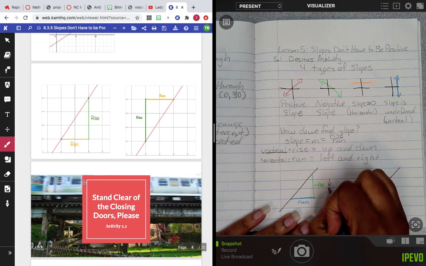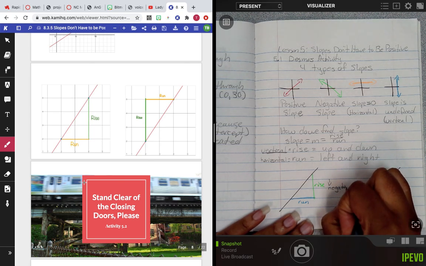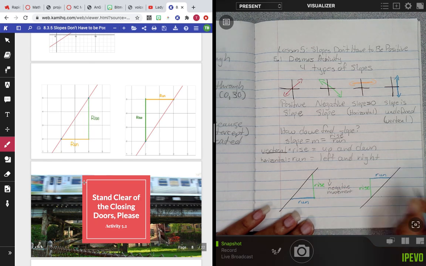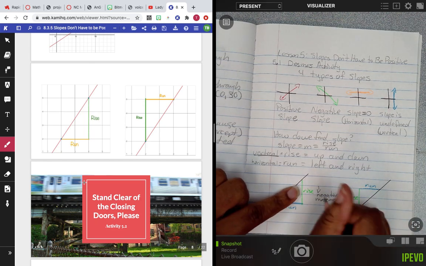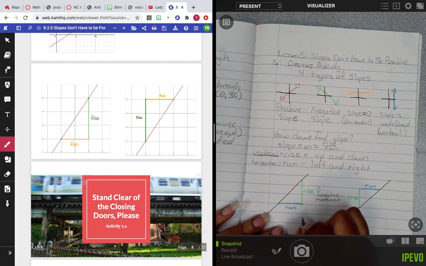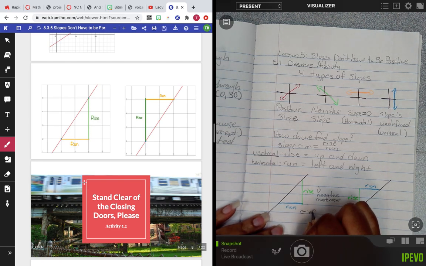And this is a negative movement. So for your rise, instead of going up, you're going down. And so that's negative movement. And then for your run, you're going to the left, which is also known to be a negative movement.